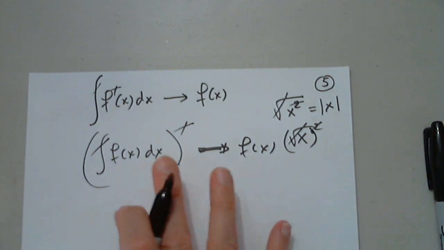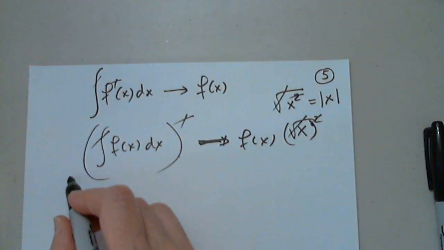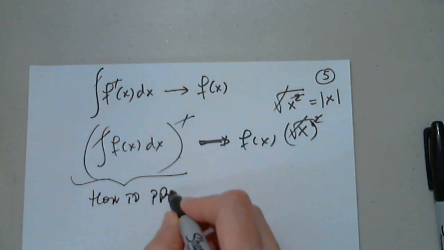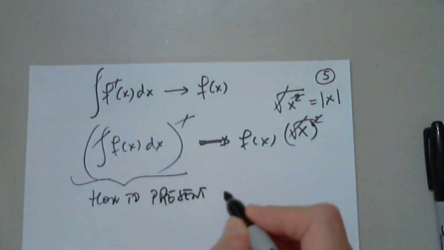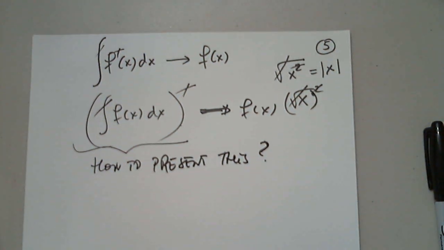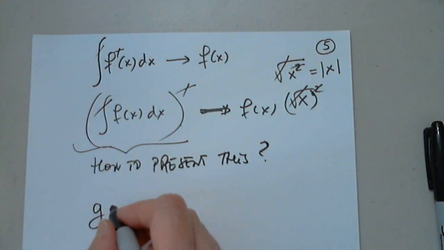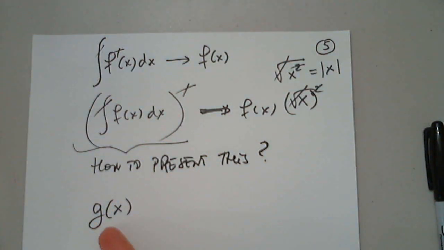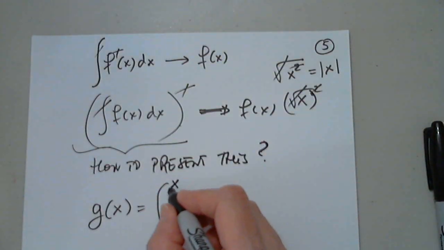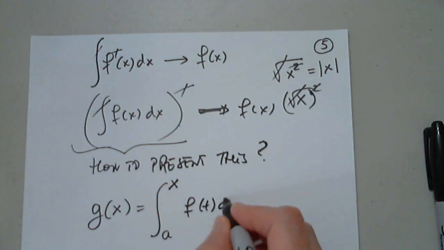So how do we illustrate this in general? How to present this topic? Well, what we are going to do is present or have a function, g of x, in a form of an integral from a to x of f of t dt.